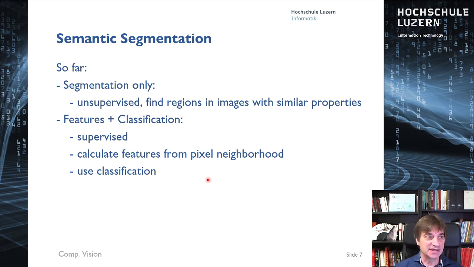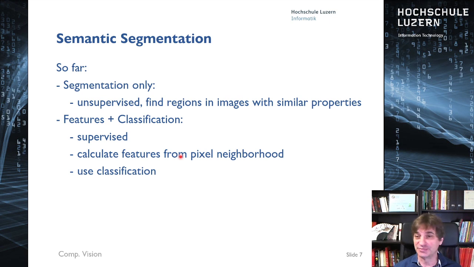Then last week we looked at supervised learning for semantic segmentation. So this would be the approach to calculate features and then use some classification algorithms on those features. We calculate features usually not just from the pixel value, but from some neighborhood of the pixel, because in our application we wanted to detect textures, and a texture by definition needs the neighborhood to have some specific meaning.